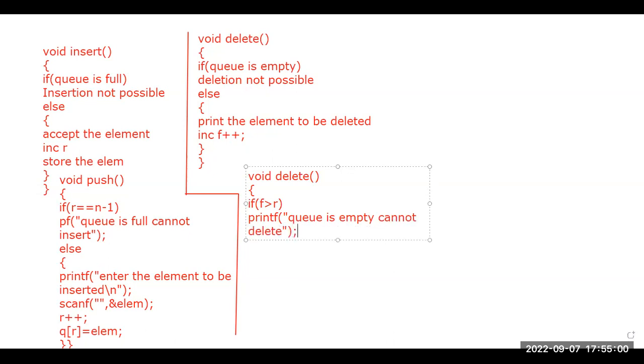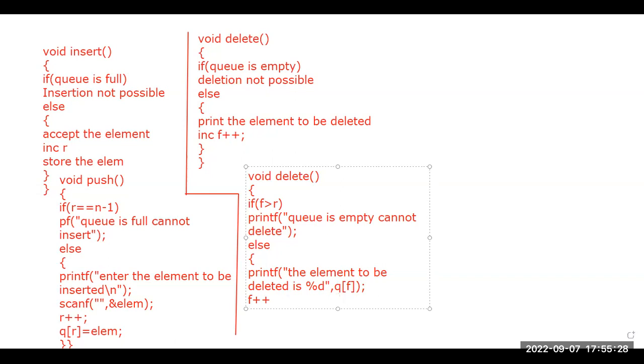Okay, in else part, printf the element to be deleted is %d, comma, what is it? Q of F.